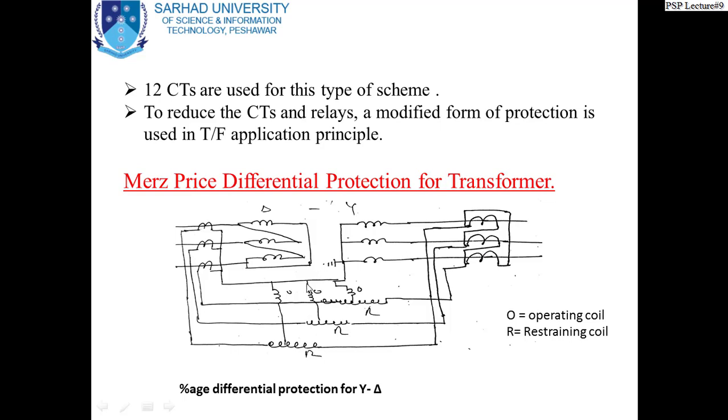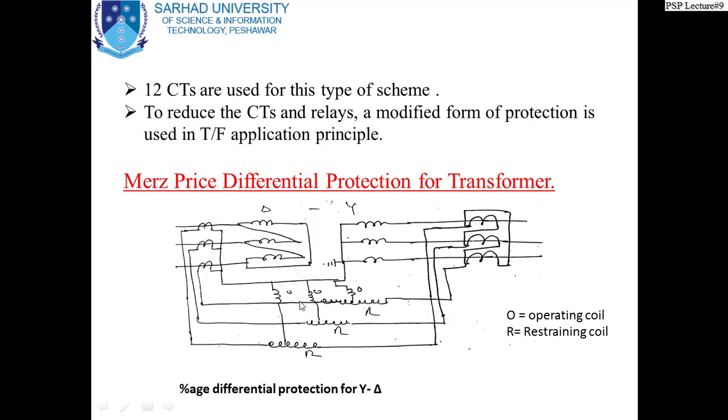Now you see here, since you have already covered the topic of differential protection in the previous course, it is the same type of biased differential protection, or percentage differential protection, for a delta-Y transformer. And you see we have a restraining winding represented by R, and an operating winding represented by O. Simple differential protection is never used in practice; rather, biased differential protection is used.